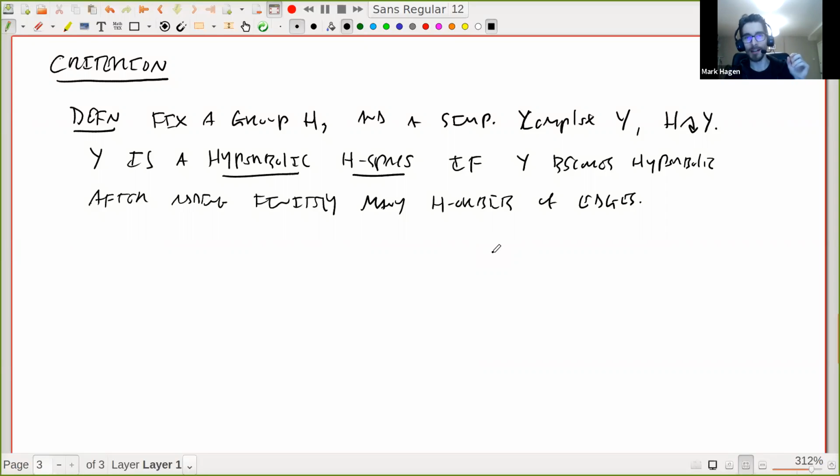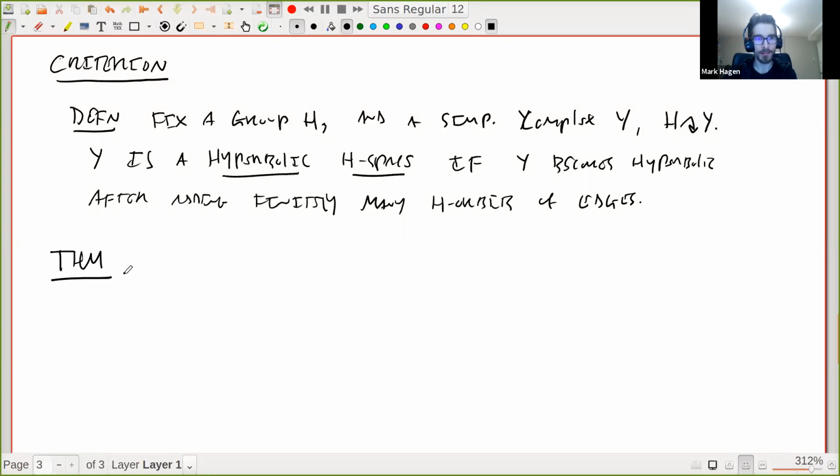But then when I add finitely many orbits of edges, I have just made a Cayley graph of a hyperbolic group, and now it's a hyperbolic space. So that's the kind of thing you should have in mind. This is just shorthand, because in the theorem we're going to be allowing ourselves to add edges in order to make things hyperbolic. So let's state the theorem.